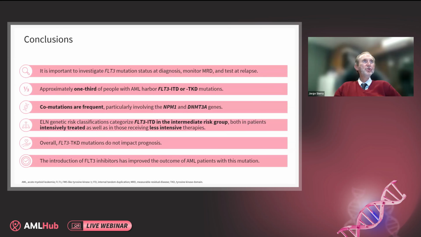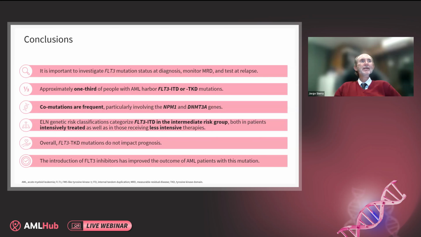So in conclusion, it is important to investigate FLT3 mutation status at diagnosis, to monitor MRD and to test at relapse. One third of people with AML will harbor FLT3-ITD or TKD mutations. Co-mutations are frequent, particularly involving NPM1 and DNMT3A.